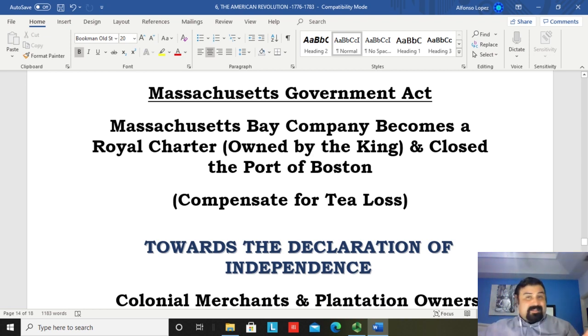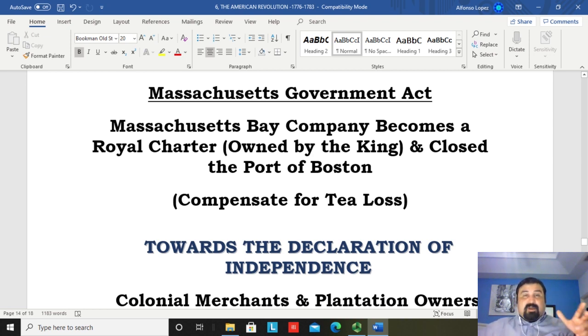So all of that system of political representation comes to an end in Massachusetts, because now the King is sending all the officials, from the governor all the way to the towns, to govern the colony on his behalf, and they're very loyal to the King, not to the colonies, of course. So again, it is really affecting private property interests.